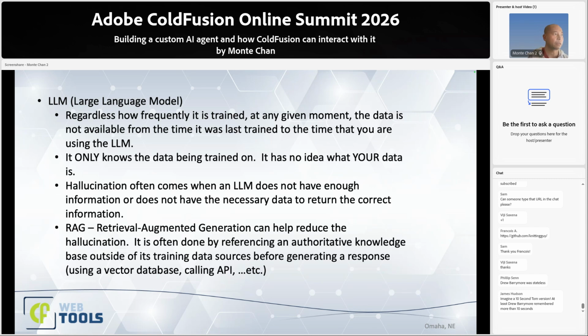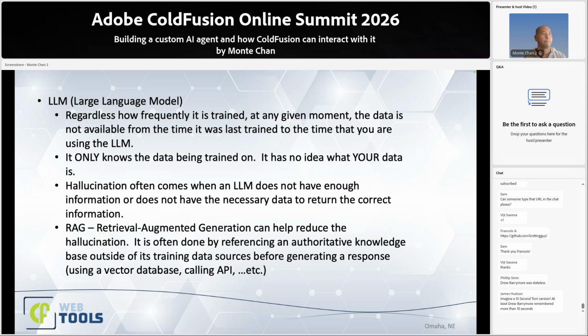And when an LLM cannot find certain things, it tends to make things up on its own, and that's when hallucination comes in. It is basically the LLM making things up that are not necessarily true. To prevent hallucination from happening, there's something called RAG, which stands for Retrieval Augmented Generation.